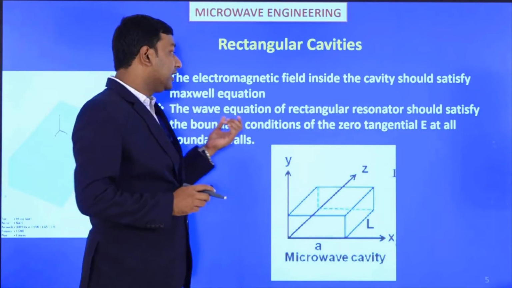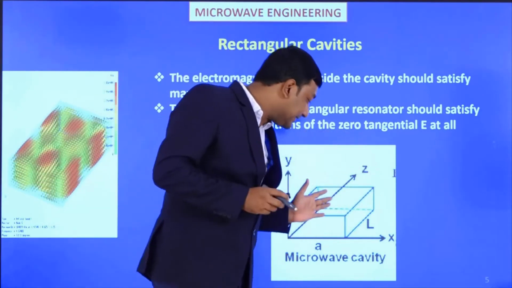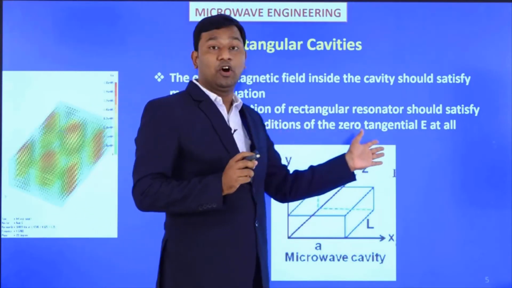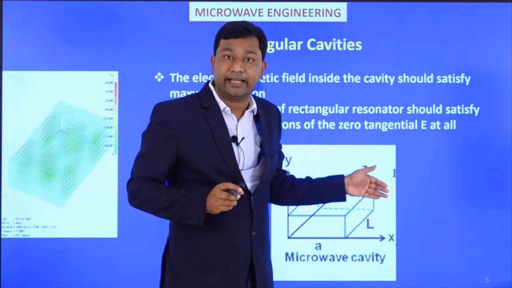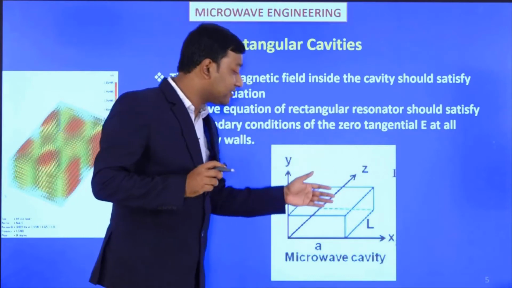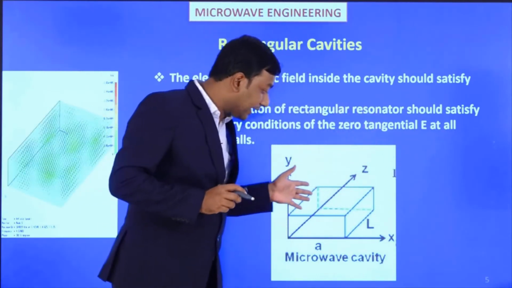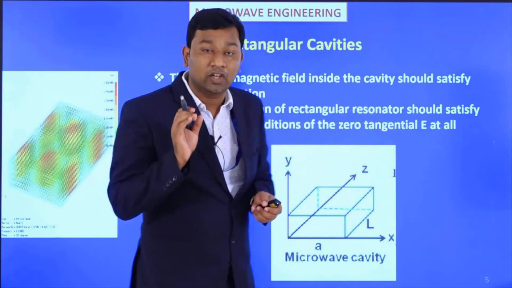Another point, the wave equation is similar compared to our rectangular waveguide, but in the z direction also we are considering its field or its plate. Earlier we considered x and y, but now we are considering the z direction also. The calculation is similar, only in the z direction we are applying its boundary condition.